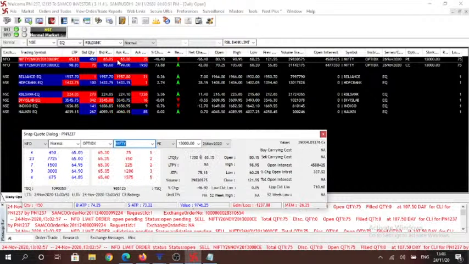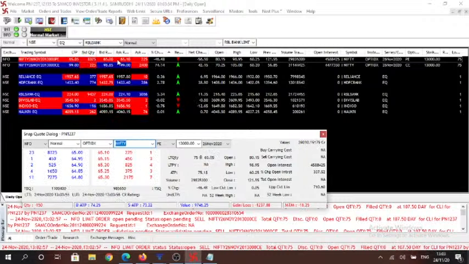We'll square off our put as well. Sorry, 62.5 to 63 range.